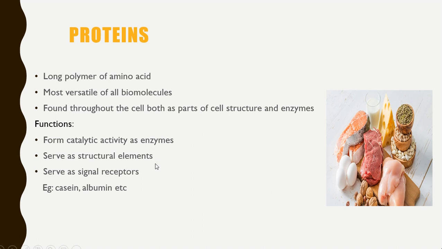Then they serve as building structural elements, some proteins are essential, and then serve as signal receptors. Okay, so these are the functions of your proteins, and examples are casein, a protein present in your milk, and albumin, present in the egg yolk.